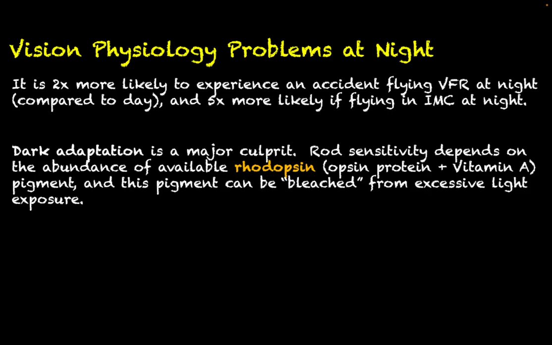So a big reason for why the dark is so dangerous is because of what's called dark adaptation. You understand that it takes time for your eyes to adjust to the dark when you've been in the light. What this has to do with is rod sensitivity. Rod sensitivity depends on the abundance of rhodopsin.